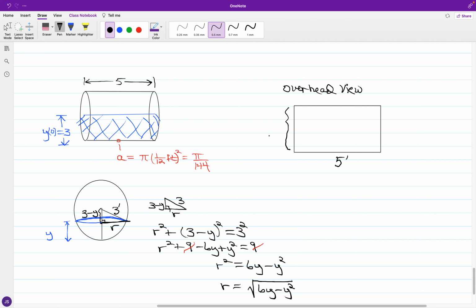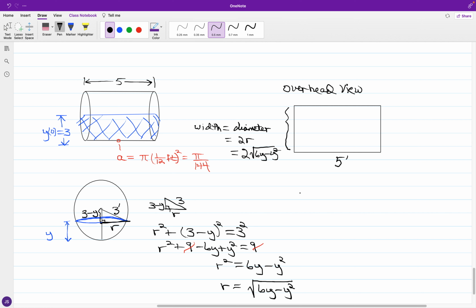So the width is equal to the diameter, which is 2 times the radius, and we have 2 times the square root of 6y minus y squared.